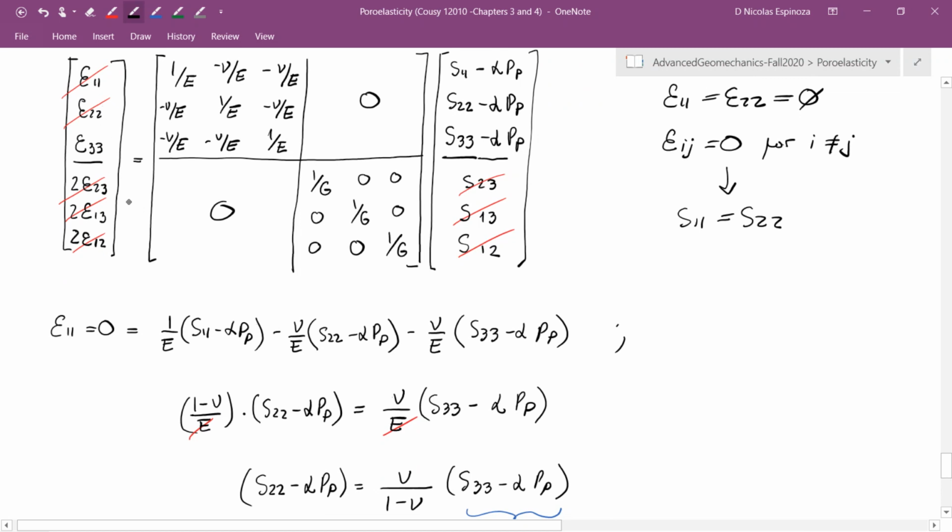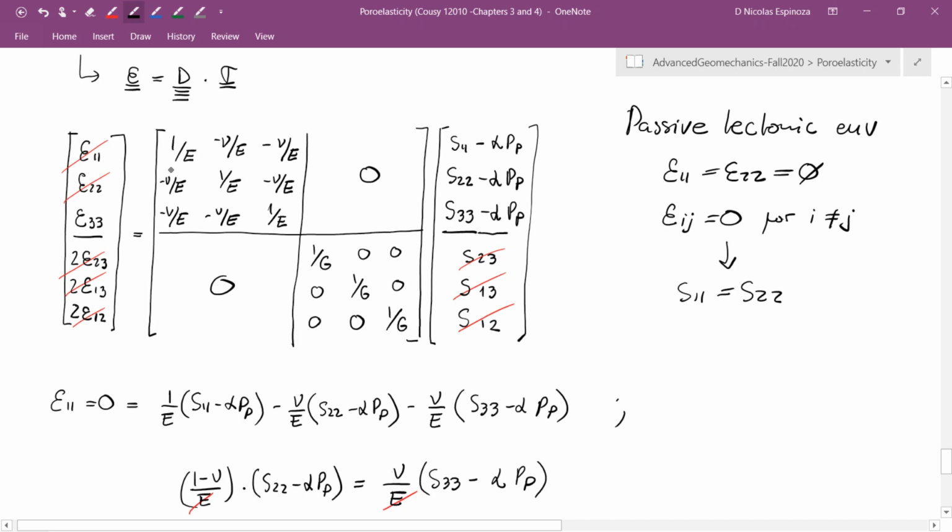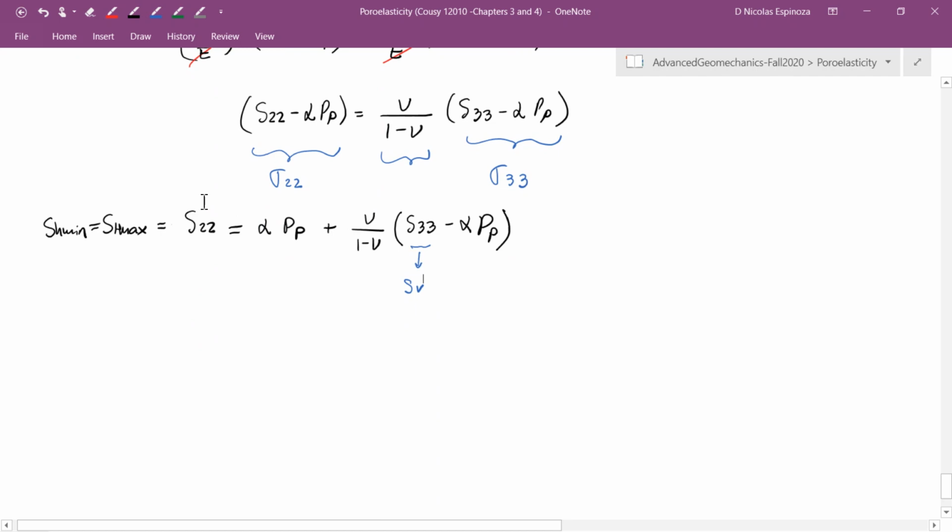And since they are not zero, they are not going to cancel out anymore, but it's exactly the same math that I did recently in this problem, but now you just have to expand it through these terms not being equal to zero. And the solution to that is going to look similar to what I found before, but with the terms that now include the tectonic strains. And this is going to be more or less like this. And you will see a resemblance with the equations that I just wrote.